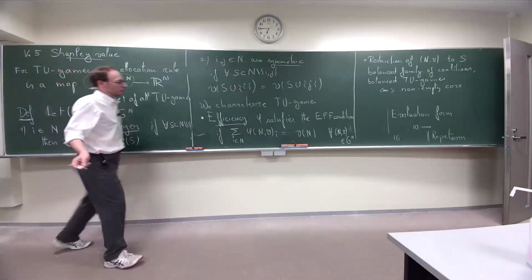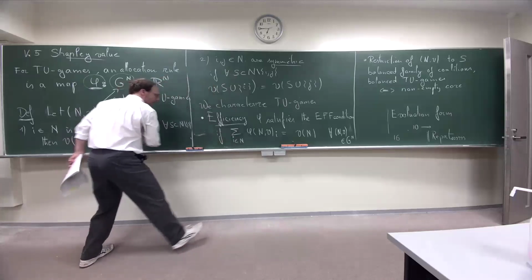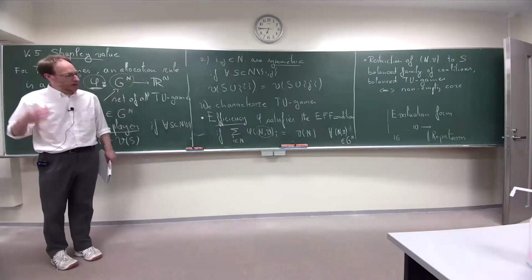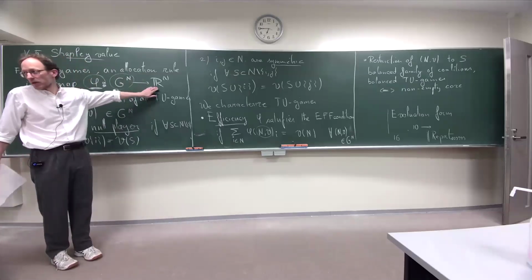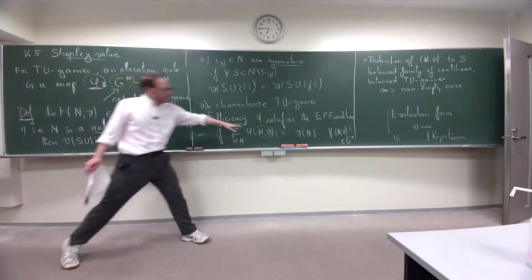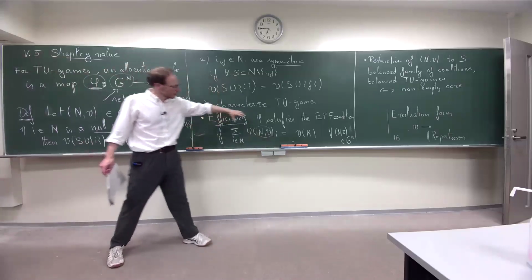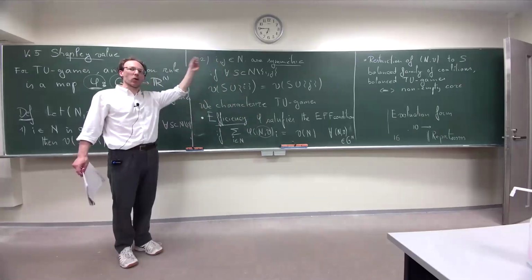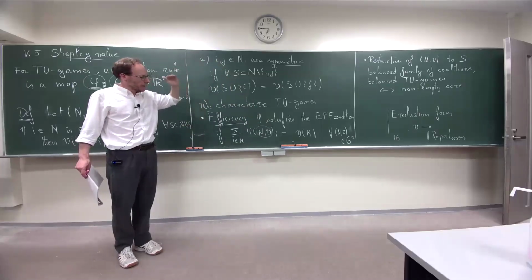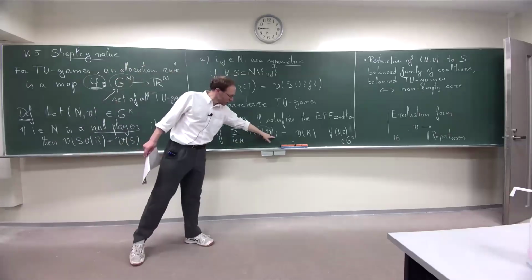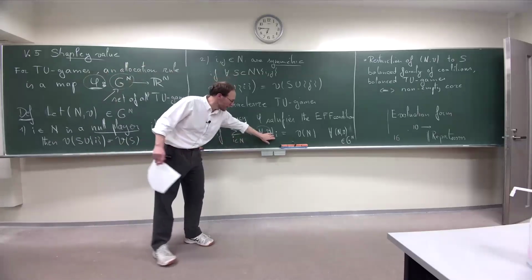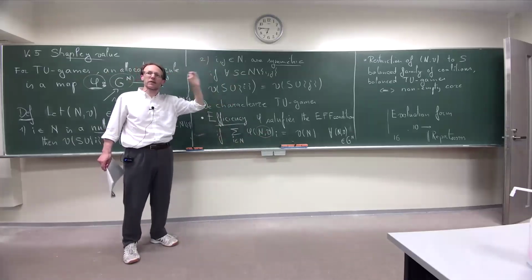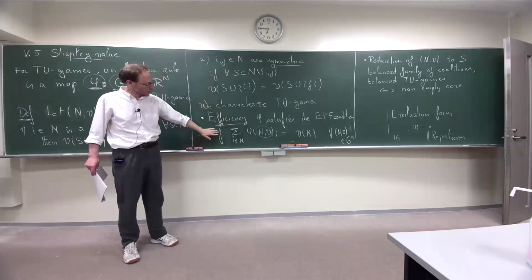And a TU game is a pair, N and v, which is one TU game. So phi of (N,v) is an element in Rn, a vector, and I take its component i, because this vector contains information about what all players can get. Now I take the component i, an index i, and I sum over all i. So I take the vector and I sum the different values of the vector.